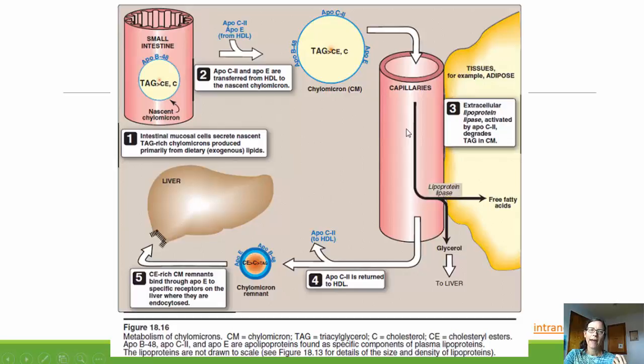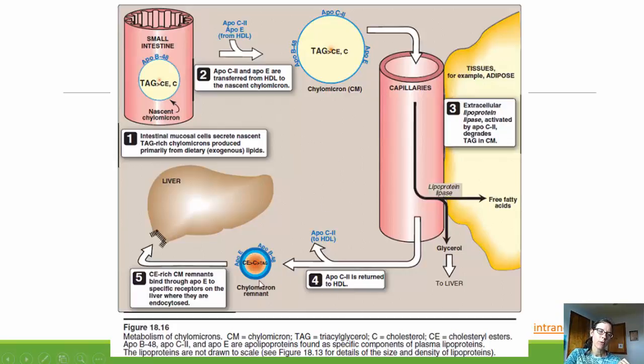We know that one of these apolipoproteins is necessary for activating this lipoprotein lipase, and free fatty acids go to our peripheral tissues. The leftover glycerol goes to the liver, and the chylomicron remnant is delivered back to the liver. At this point, the ApoC is then cleaved off again and goes back to the HDL.